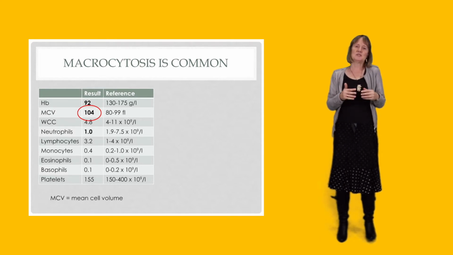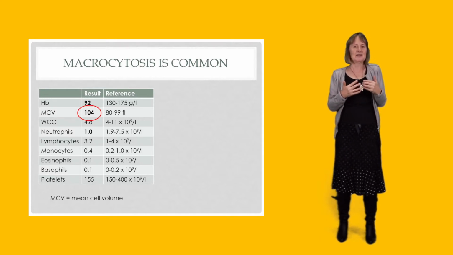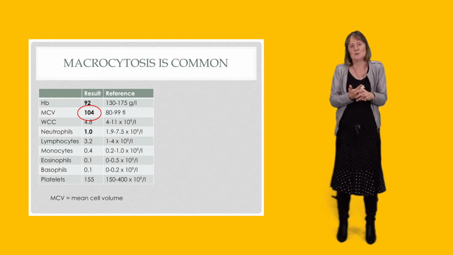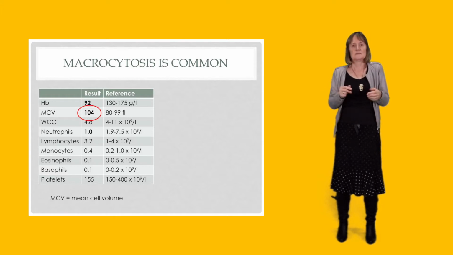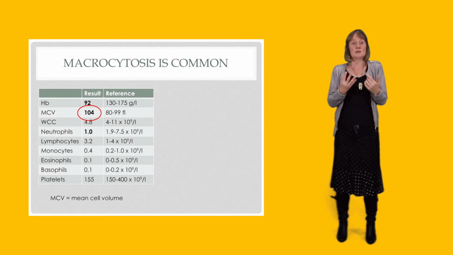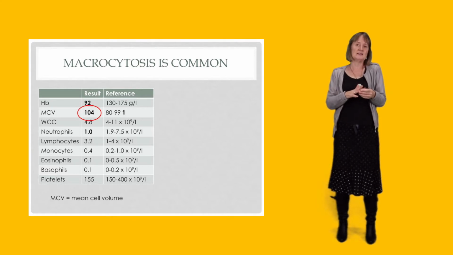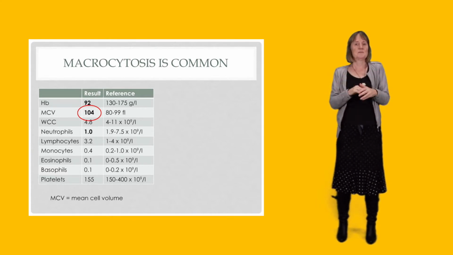The other thing I wanted you to see on this slide, and just a hint for help with diagnosis, is that often in myelodysplasia we see macrocytosis. By macrocytosis I mean big red cells. That is indicated on the full blood count report with the MCV, or mean cell volume, which will be raised if you have macrocytosis.